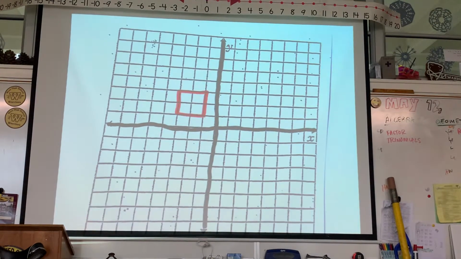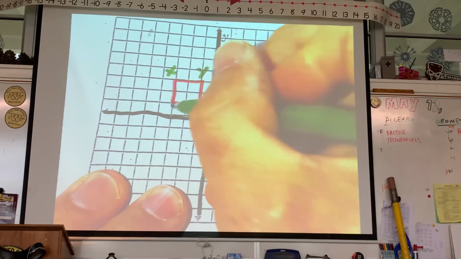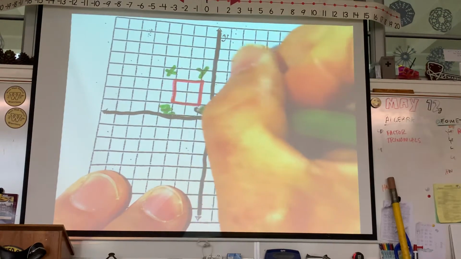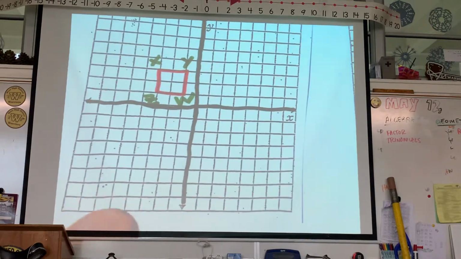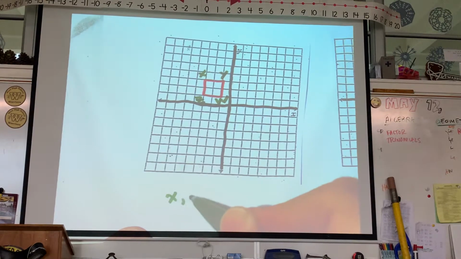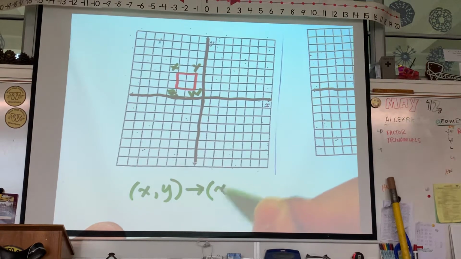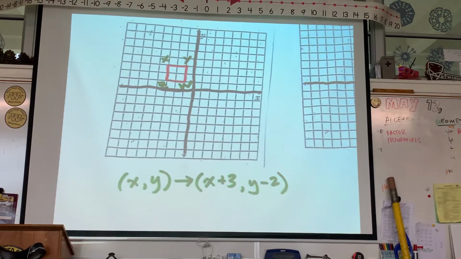And let's label these X, Y, Z, and W. Alright? So here's the rule. For X and Y, I would like to translate X plus 3 and Y minus 2.